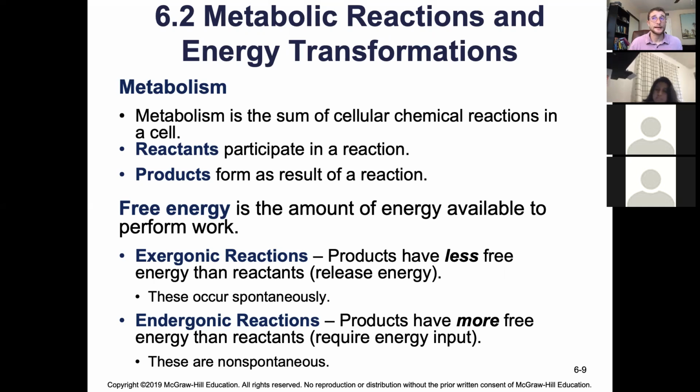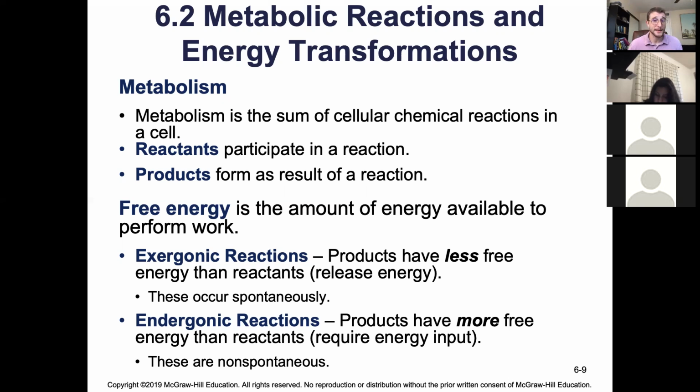You can think about this like everybody clumped together in the middle of a room. It's very unstable. They're all going to have a lot of energy because they're all going to want to get away, and they're going to release energy to move apart. When everyone is separated, they're more relaxed and in a lower energy state.